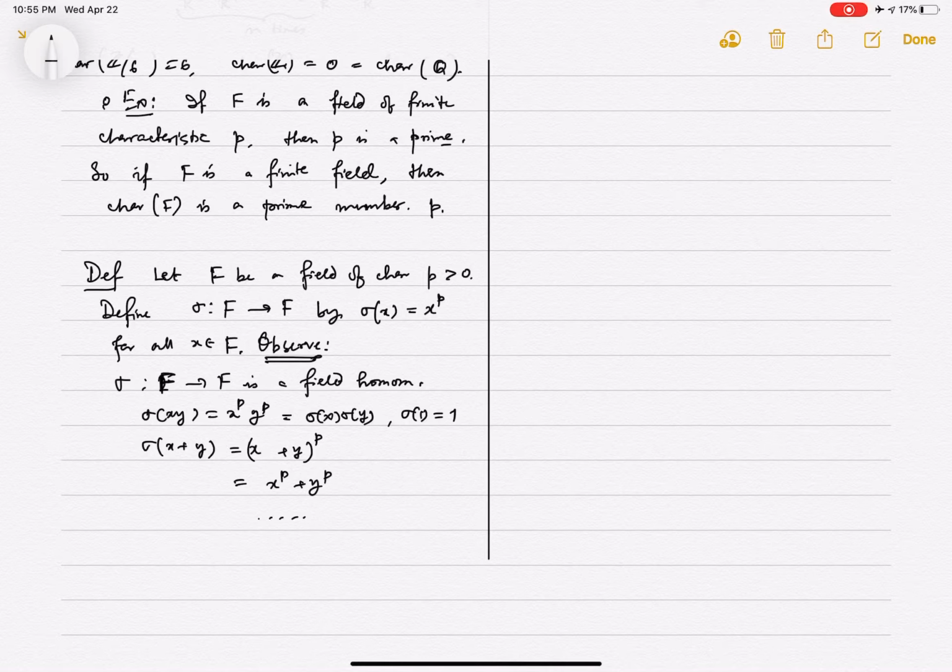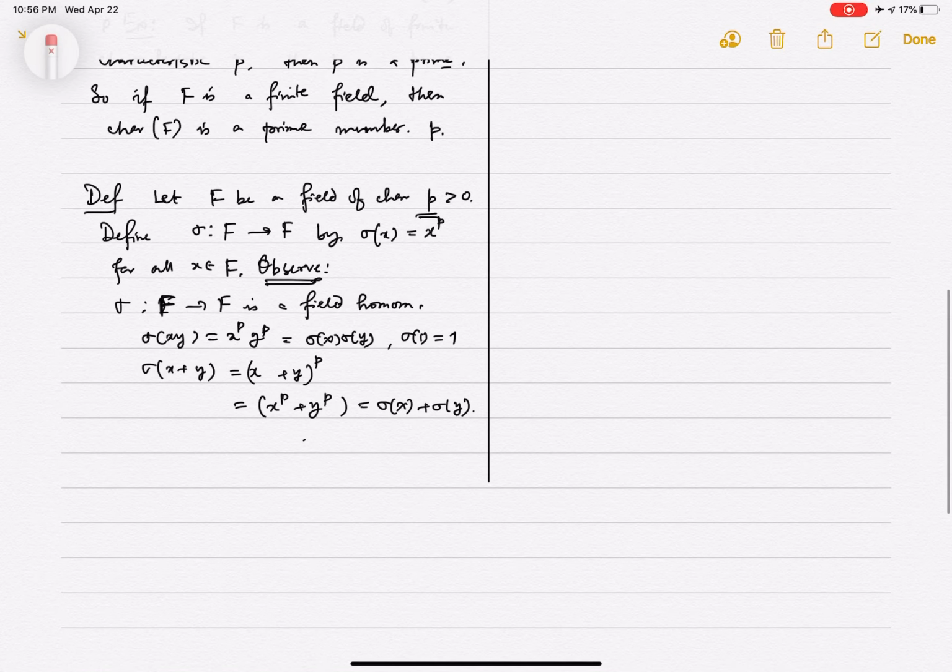So if you are in characteristic p, then all those middle coefficients are 0. So this wonderful formula is true, that x plus y to the p is x to the p plus y to the p when you are in characteristic p. But that's the same as sigma of x plus sigma of y. So this is called the Frobenius.